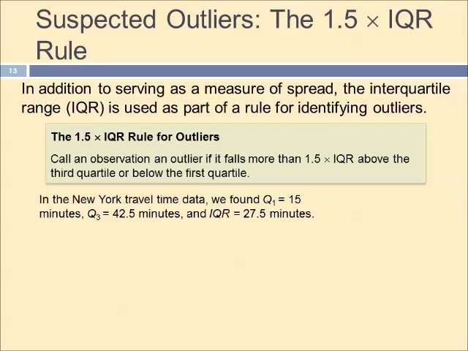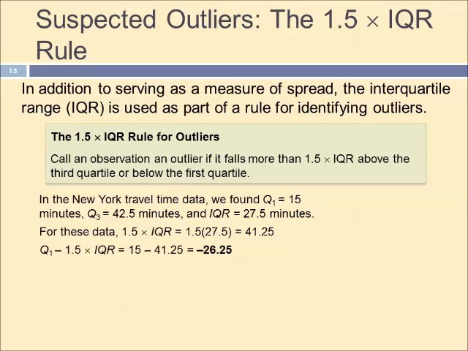In the New York travel time data, we found the first quartile was 15 and the third quartile was 42.5, so the interquartile range, the difference between those two, is 27.5 minutes. For these data, 1.5 times the IQR, 1.5 times 27.5, is 41.25. So we take that number, 41.25, subtract it from the first quartile, and we get minus 26.25.